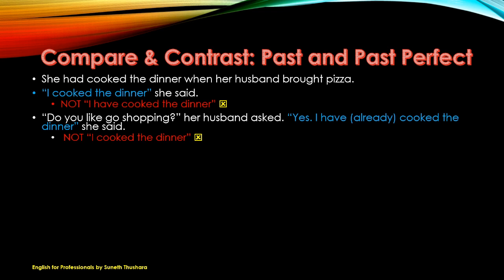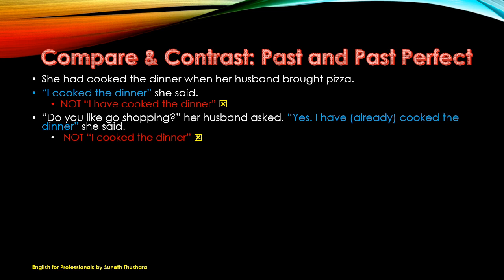Perfect tense is used when you have completed an action and you are going to do some other thing. Do you like to go shopping, her husband asked. Now at this instance, pay attention carefully. Yes, I have cooked the dinner. Now she says, yes, I have cooked the dinner. Why? Because now she wants to go shopping.